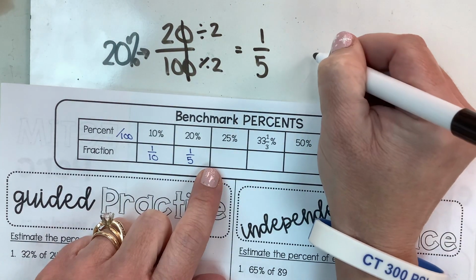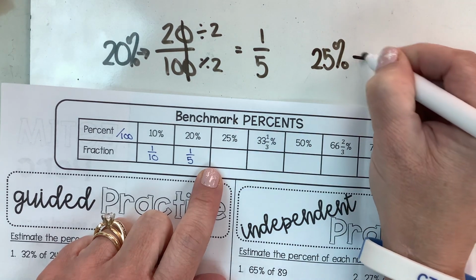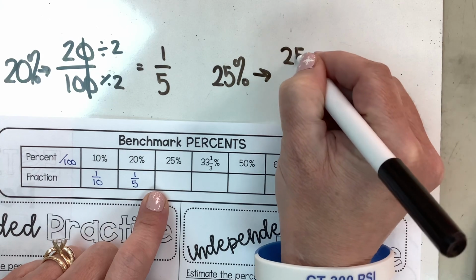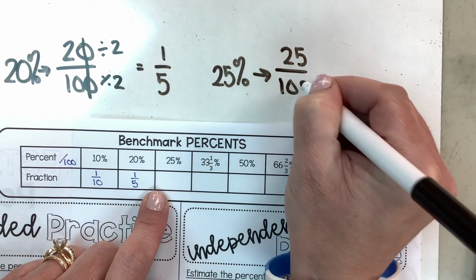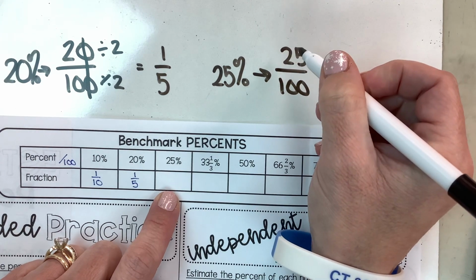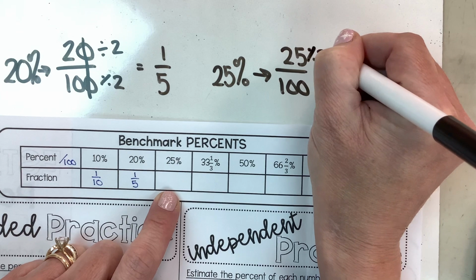25% is one you should know. Again, we're going to do 25 over 100. Whenever we have the quarters, 25, 50, 75, we can always divide by 25.